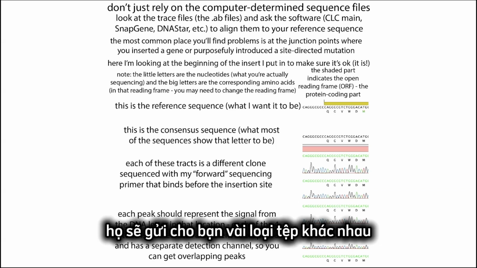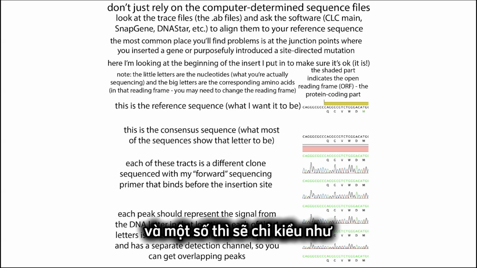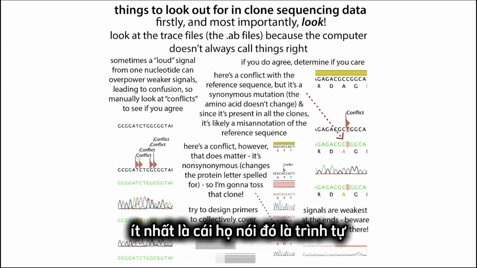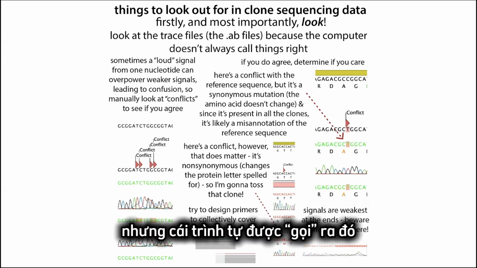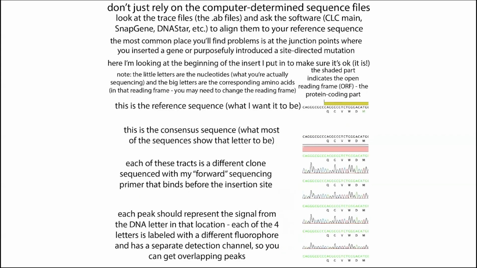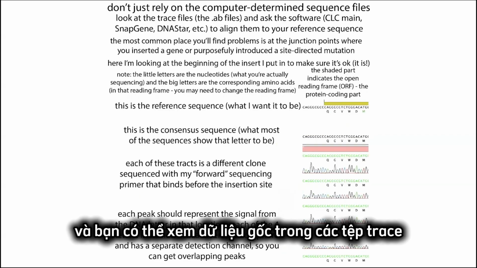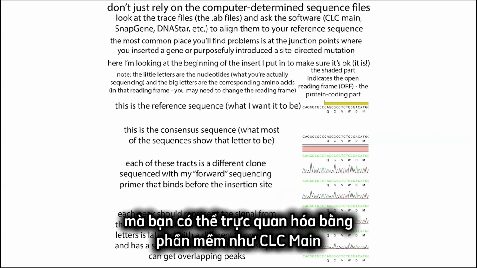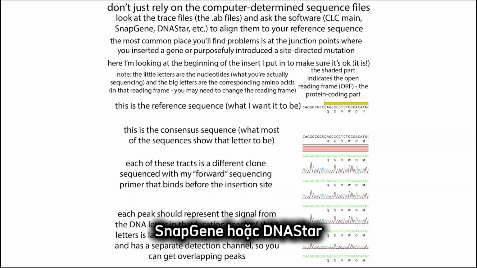They're going to send you a few different types of files. Some of them are just going to be the sequence, at least what they say the sequence is. But that sequence that was called is based on the actual data, and you can see the actual data in the trace files, these .ab files, which you can visualize using software like CLC Main, SnapGene, or DNA Star.